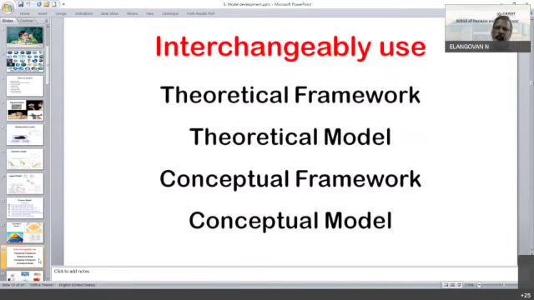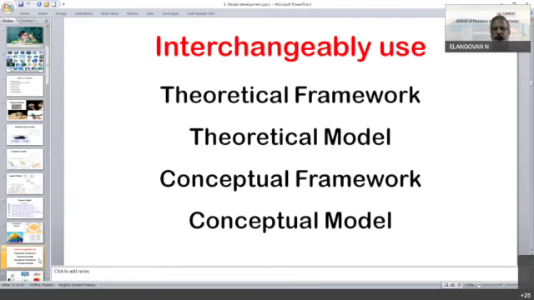What is a framework and what is a model? See, framework and model are almost the same, except for the contextual differences. But in research, whether it is a framework or a model, it is the same.